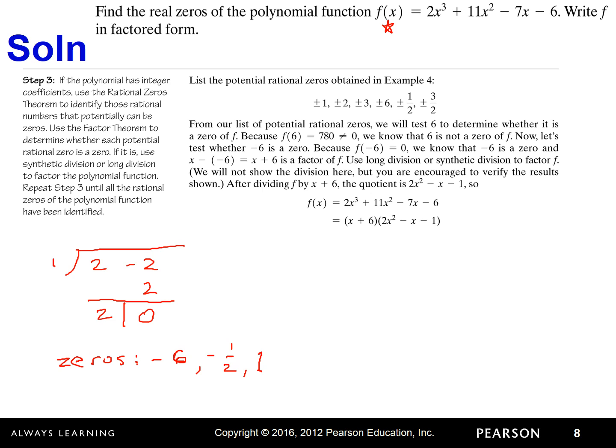I mean, the easiest one to check mentally would be the 1. You know, throw 1 in here for f and get f of 1, which basically means you can just read off the coefficients. 2 plus 11 are 13, minus 7 are 6, minus 6 is 0. But that's just a check.